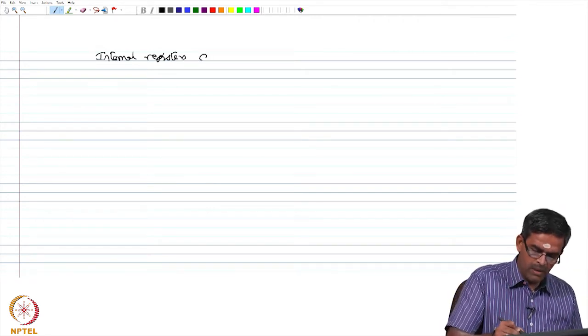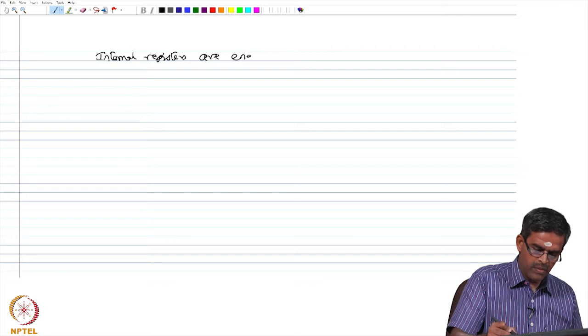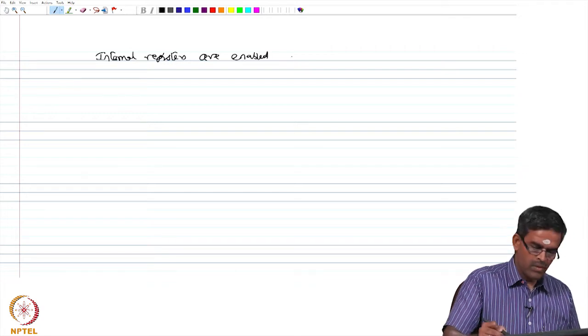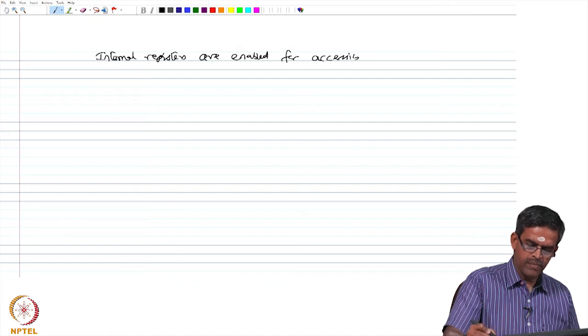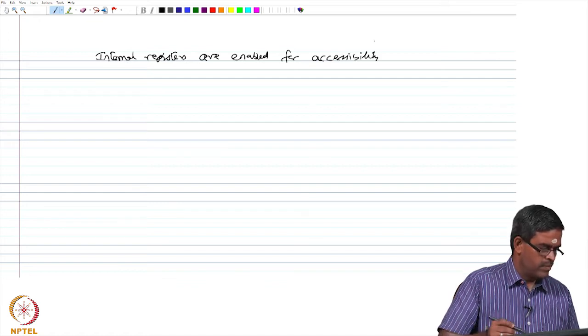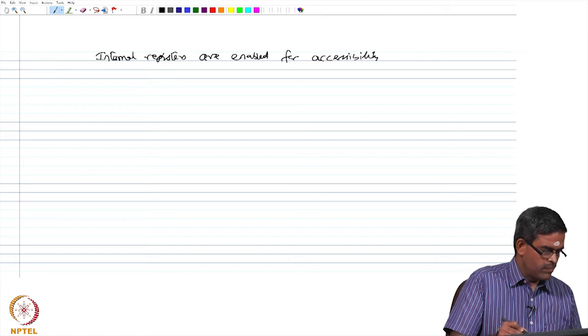Internal registers for memory are enabled for accessibility. We have used I2C at 400 kilohertz.